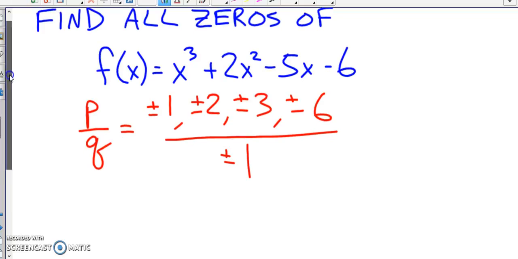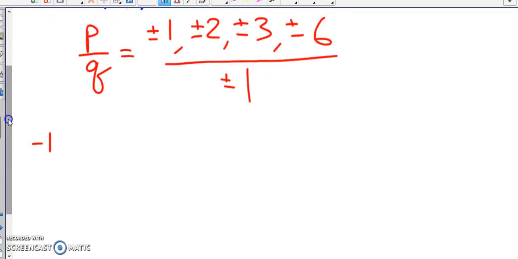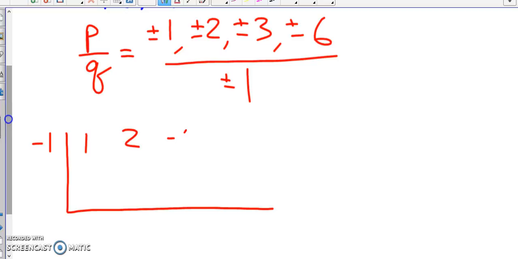Okay. So let's see. And honestly, this part is just trial and error. You just pick something, try it, see if it works. But you pick something off the list, obviously.